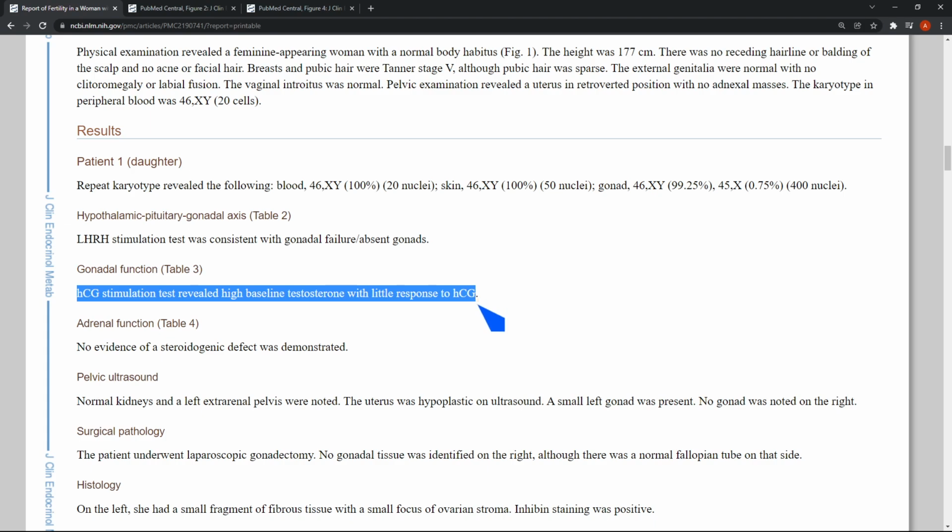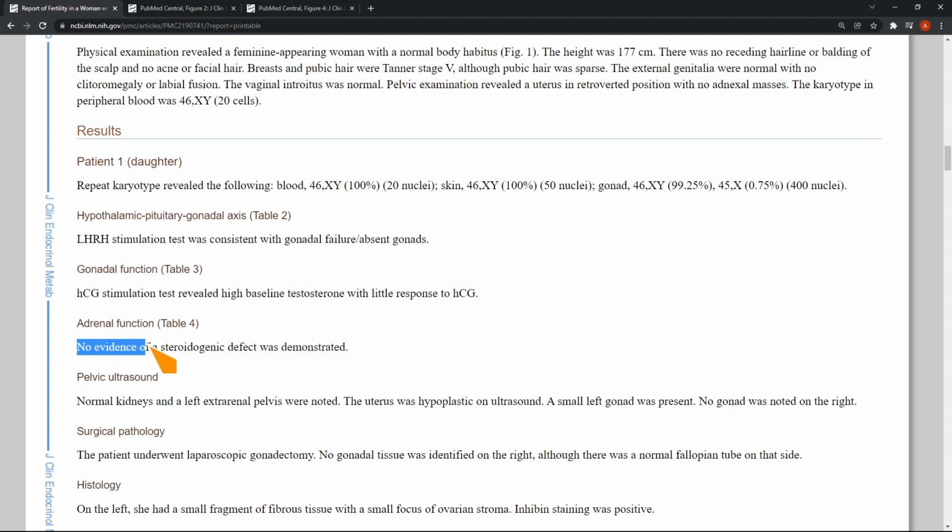It's a 4-day long test. Adrenal function, no evidence of steroidogenic defect was demonstrated, so she had normal functioning adrenal glands. Everything wrong with her was isolated to the gonads, to the sexual organs.